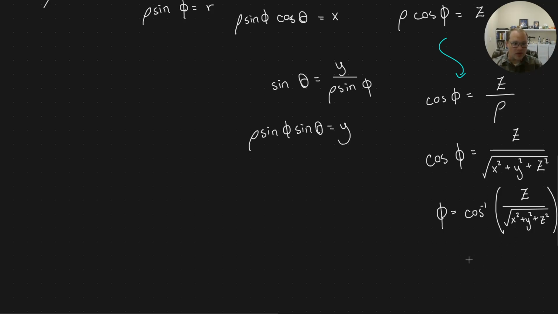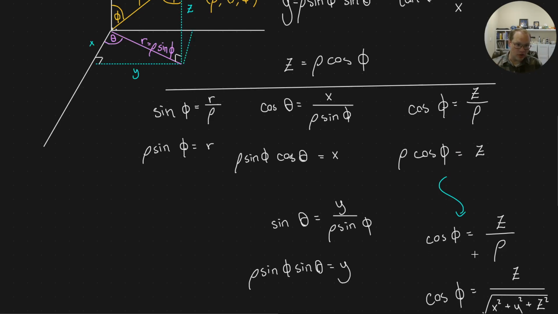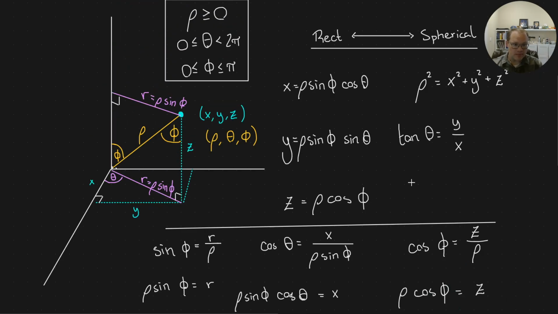And so that gives us a relationship between our rectangular variables x, y, and z and our spherical variable phi. So phi is arc cosine of z over the square root of x squared plus y squared plus z squared.